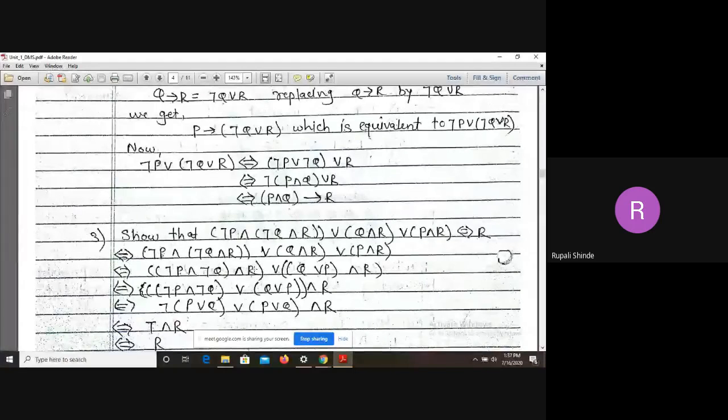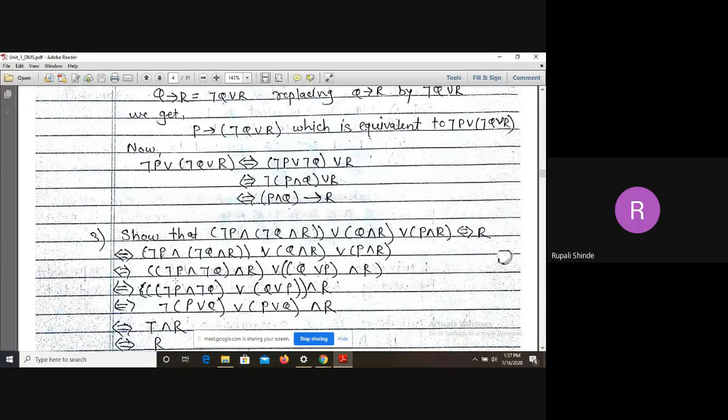Or Q, again, if you observe the second and third bracket, and R is common between these two. That's why Q or P will remain in one bracket and then and R. So this and R is applicable for this whole bracket for Q or P. So again, here we can take this R, which is common between these two brackets, outside.